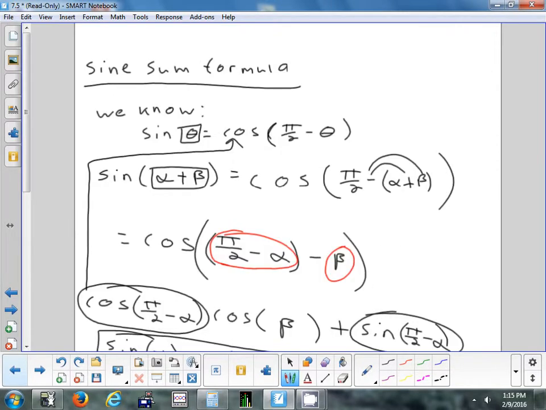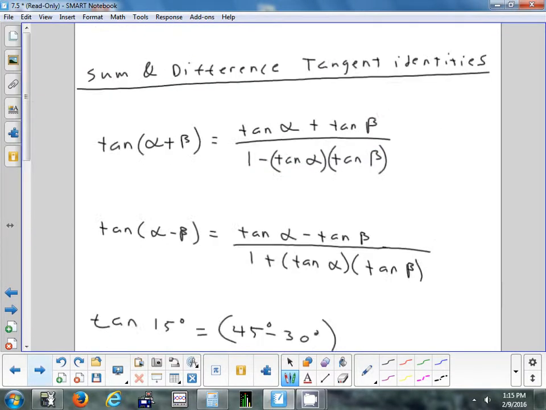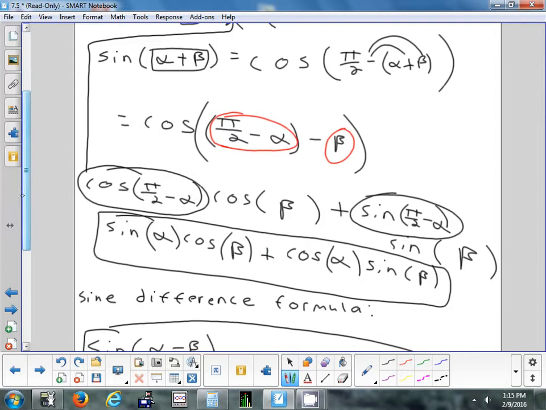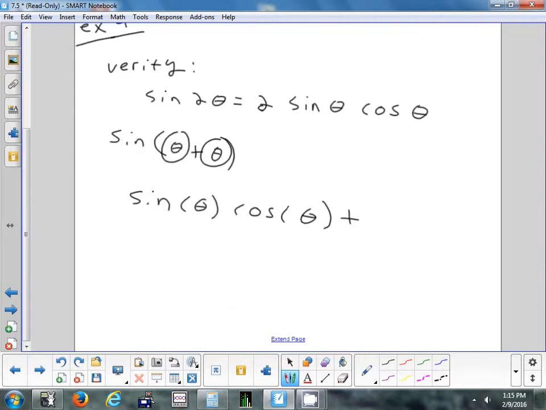All right, so sine of a sum. Sine of the first, cosine of the second, plus cosine of the first, sine of the second. So the first one is sine times cosine.